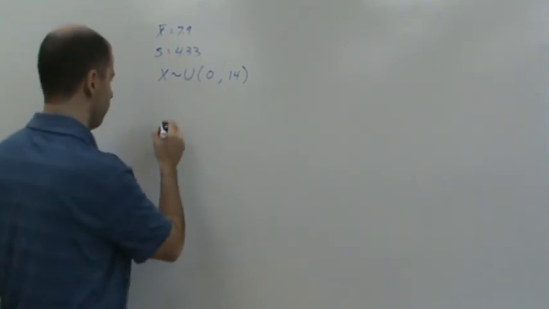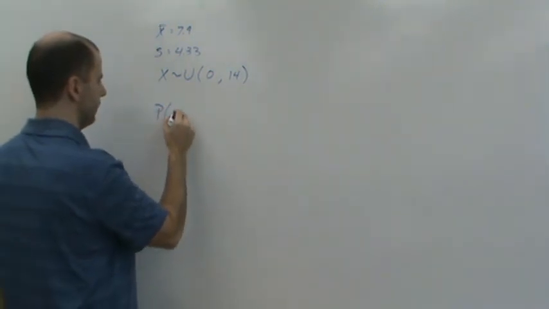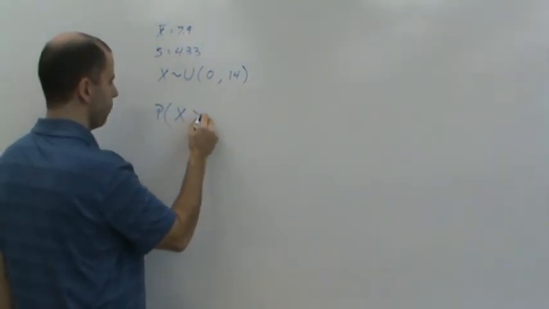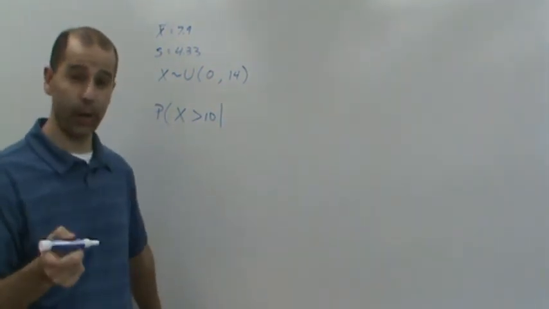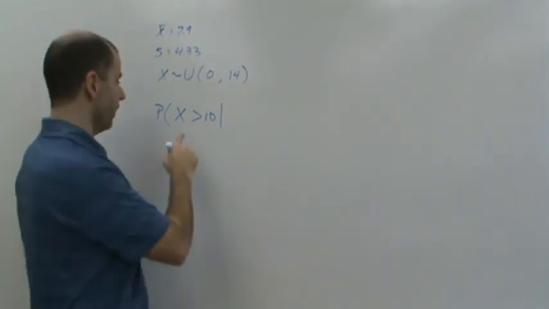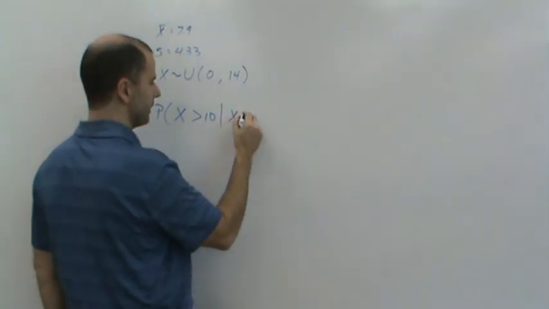So in other words, what's the probability that x is more than 10 given, right, so this is a conditional probability question, right? Given that we already know that x is more than 3.